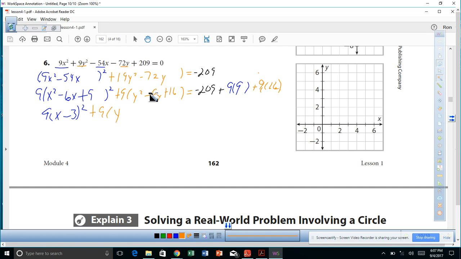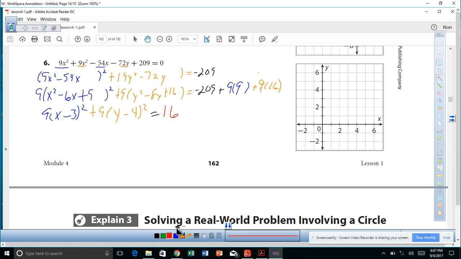And y, negative 8 divided by 2 is minus 4 squared. And that's going to equal, well, let's see here, negative 209 plus 81 plus 144. That's going to leave me with 16 left.